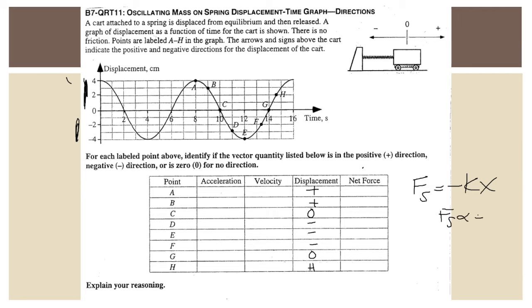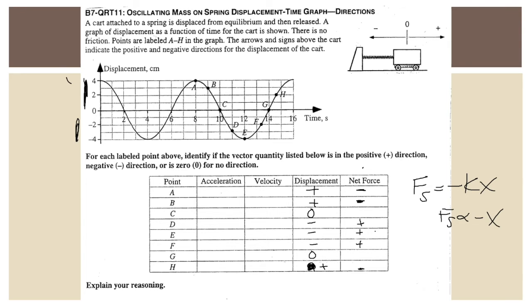And so the spring force is directly proportional to the negative of the position. So where we have a positive displacement, we have a negative net force. And where we have a negative displacement, we have a positive force. I realize here now that I wrote H, that should be positive. And so basically, we're just going to fill these all out as negative for the positive displacements and positive for the negative displacements.